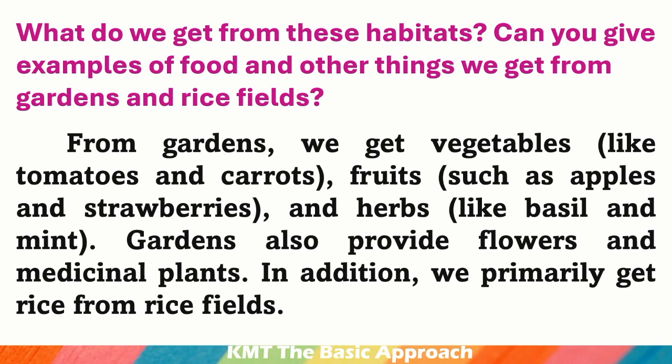Correct! From gardens, we get vegetables like tomatoes and carrots, fruits such as apples and strawberries, and herbs like basil and mint. Gardens also provide flowers and medicinal plants. In addition, we primarily get rice from rice fields.